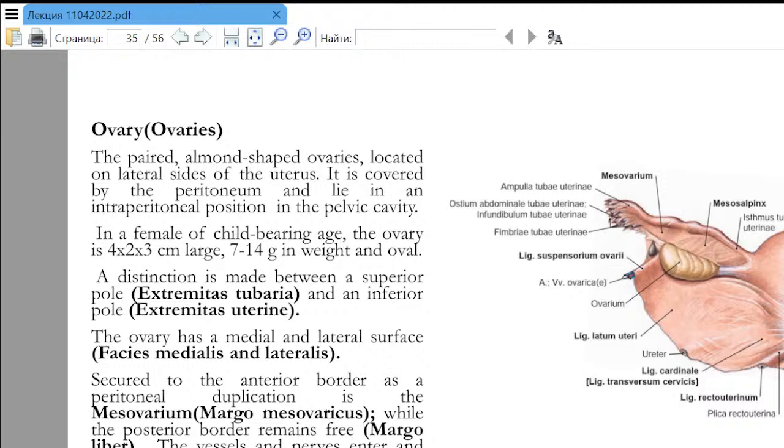The ovary has a medial and lateral surface, and an anterior border, the peritoneal duplication is the mesovarium, margo mesovaricus, while the posterior border remains free, margo liber. The vessels and nerves enter and exit at the hilum of the ovary.